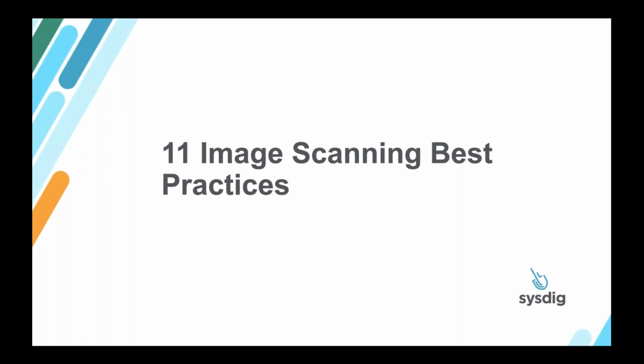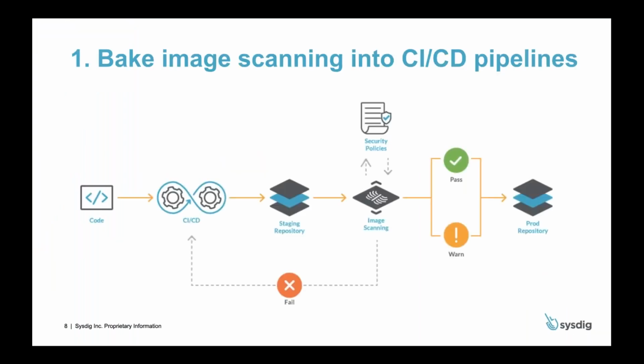So now let's go into some practical examples of the best practices you can follow when it comes to image scanning. As we discussed earlier, the first problem that we are typically seeing developers face is that security is often coming in late.